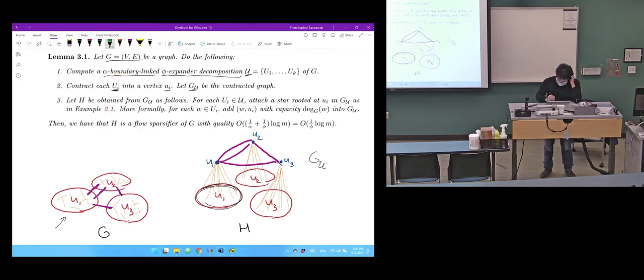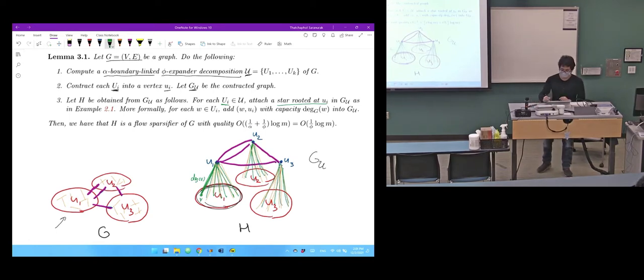That is, for each part ui, you attach a star rooted at ui, like this. And the capacity of this, if this is V, is the degree of V, just like before. And do this for every part.